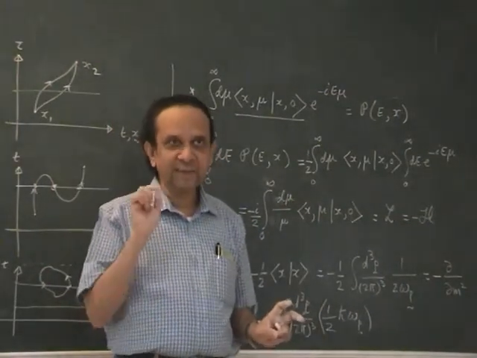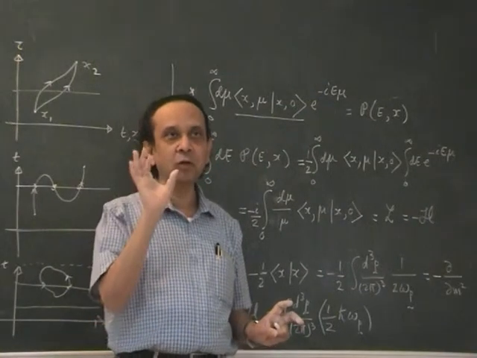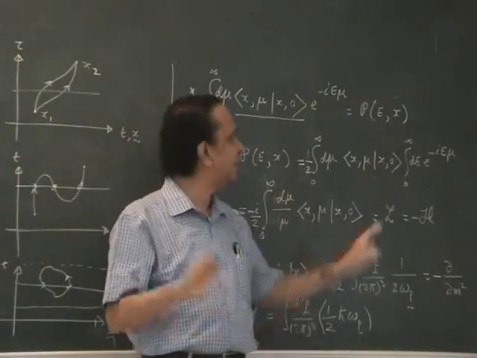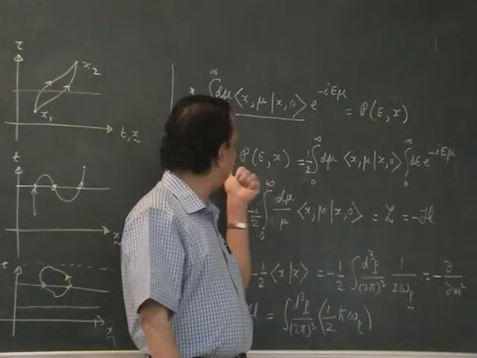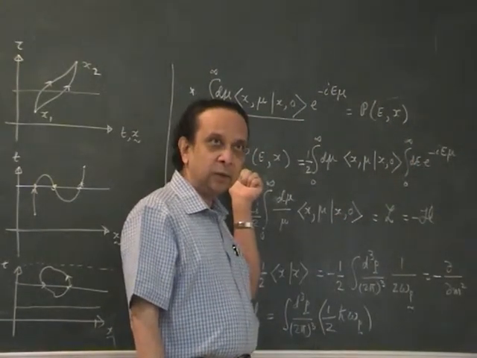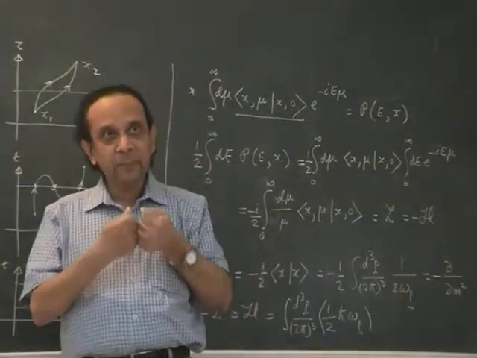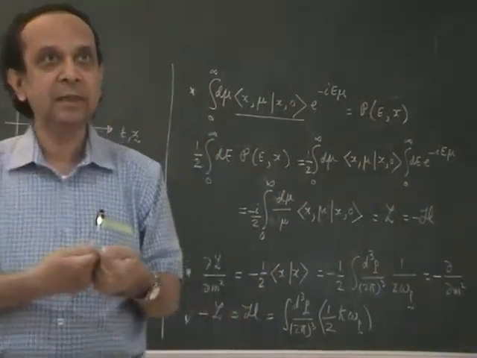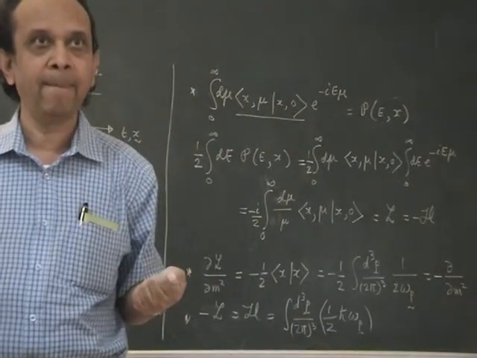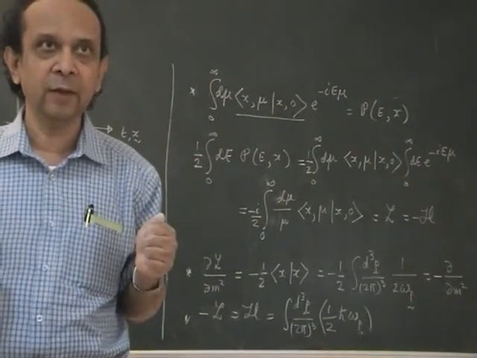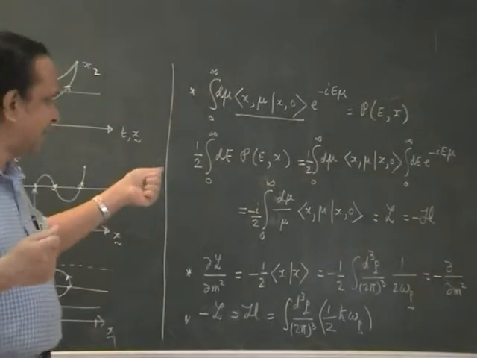So if I have an amplitude for a closed loop to contribute energy E, P of E, the integral over all E would give me the contribution to the energy density by all closed loops. That's what I am computing. Okay? The rest of it is just cosmetics.